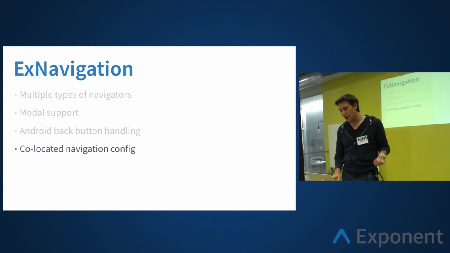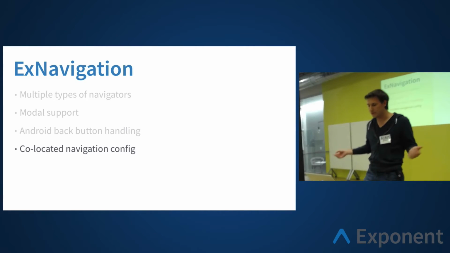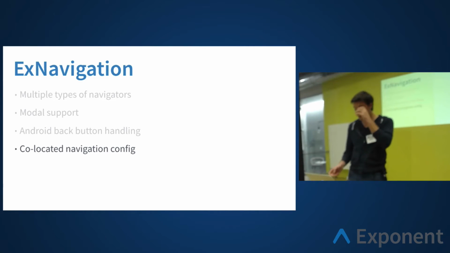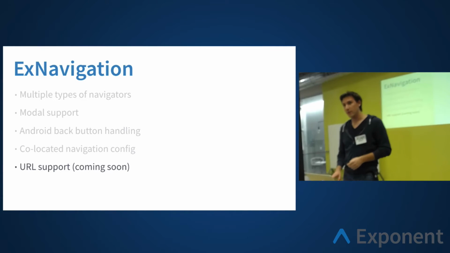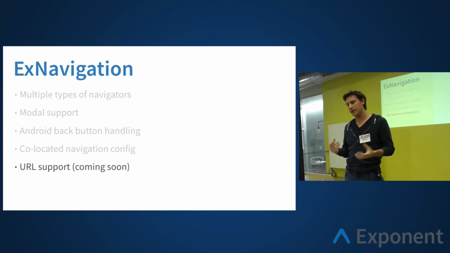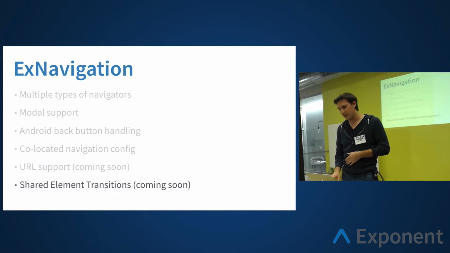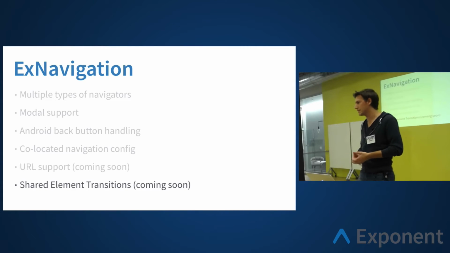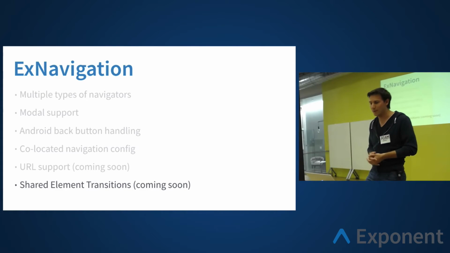It's typed with Flow, which is really useful if you use Flow or want to start using Flow. We have some prototypes for URL support. We use it a little bit in List, but that's something we could build out more, and the code behind it is set up to support that. And then we're also working on shared element transitions, which is something coming soon. I'll talk a little bit more about that later.